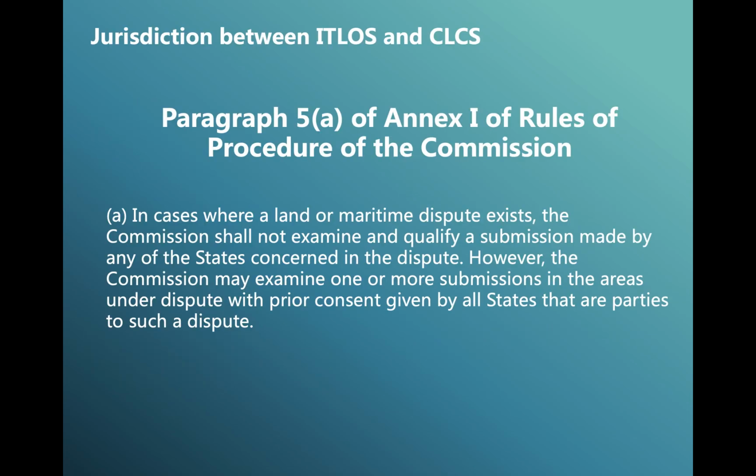What's more, paragraph 5(a) of Annex 1 has played an important part in causing this case, as it says, as we quoted on the slides, and I would repeat paragraph 5(b) of Annex 1 of the Rules of the Commission for you.